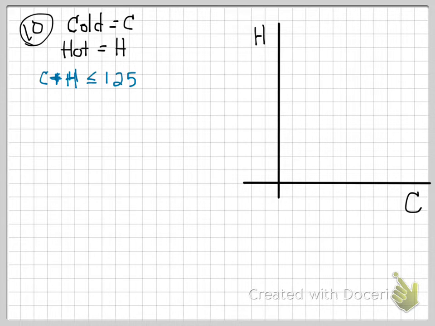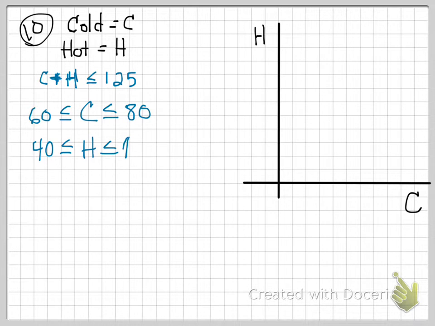So past sales indicate there's between 60 and 80 cold sandwiches. Well, the fun part is the cold is sandwiched between 60 and 80, right? Well, that's easy enough to remember. And what about the hot sandwiches? Well, they sell between 40 and 60. So I'm going to go between 40 and 60 for my hot sandwiches.